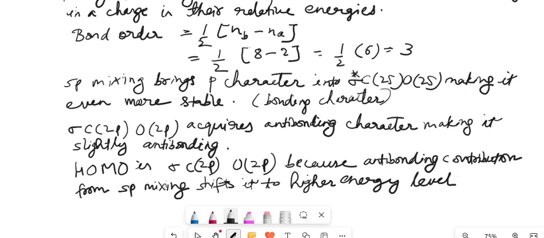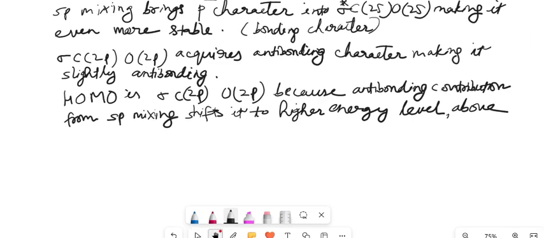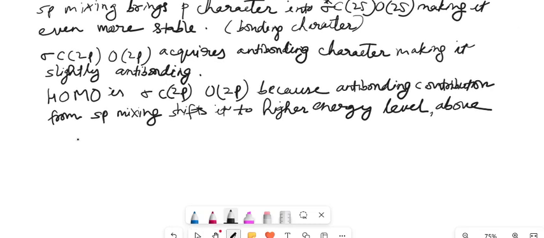So it becomes the highest occupied molecular orbital. So here in the case of carbon monoxide, sigma C2p O2p lies above the pi 2p bonding orbitals.